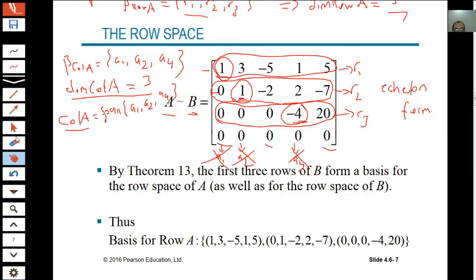Okay, so by using the third row, by the way, we have 5 unknowns: x1, x2, x3, x4 and x5. x3 is a free variable, x5 is a free variable. Therefore we will write the basic variables in terms of the free variables.